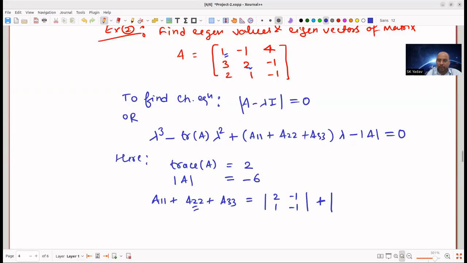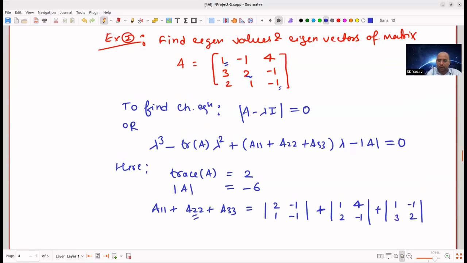So I have now 1, 4 and 2 minus 1, and plus third, that is the last element here. I have to delete the third column and third row and compute the determinant of the remaining components. So I have 1 minus 1 here and then 3 and 2.